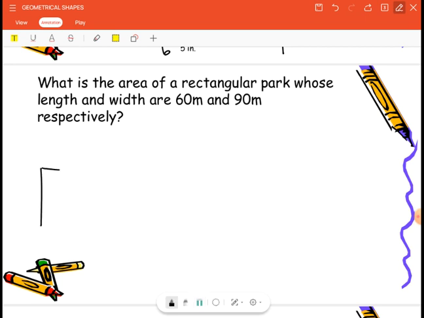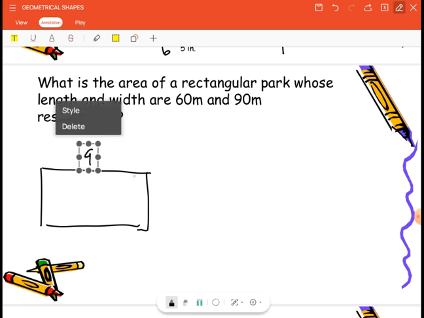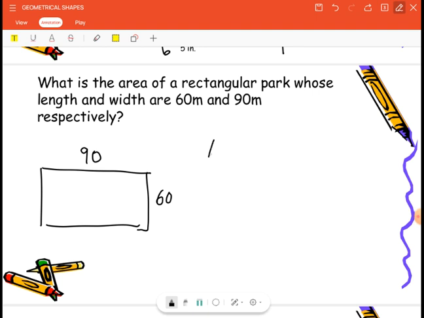Ulitin natin. Ito yung rectangle. And ito daw, ang length natin ay 90. Samantalang yung ating width ay 60. Okay? So, alam natin na kapag rectangle, yung area natin ay length times width.